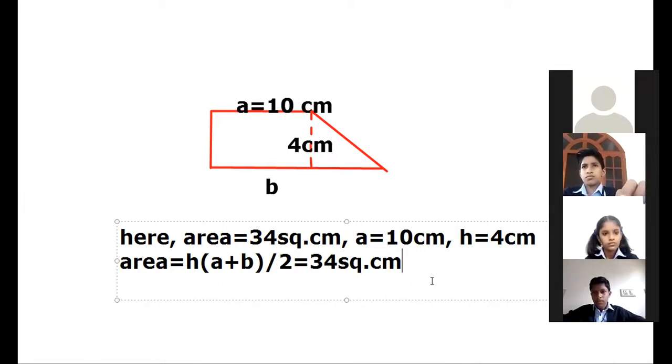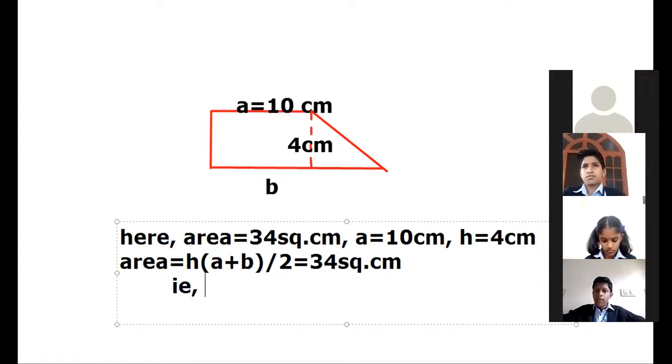Now after writing the equation, what you have to do is give the values for the variables. You know h is given here. What is h?